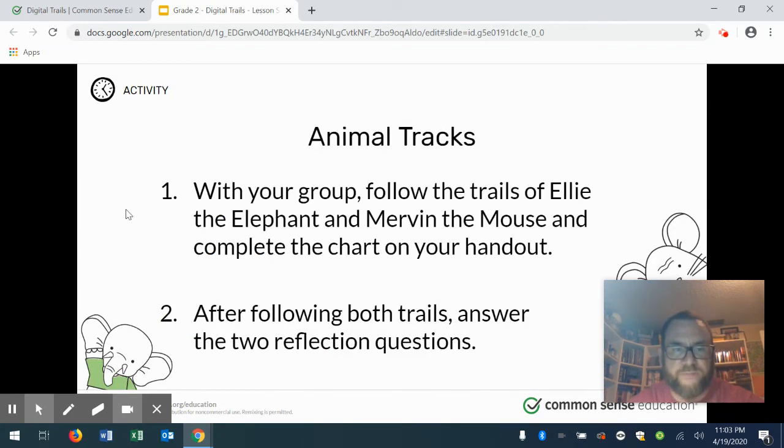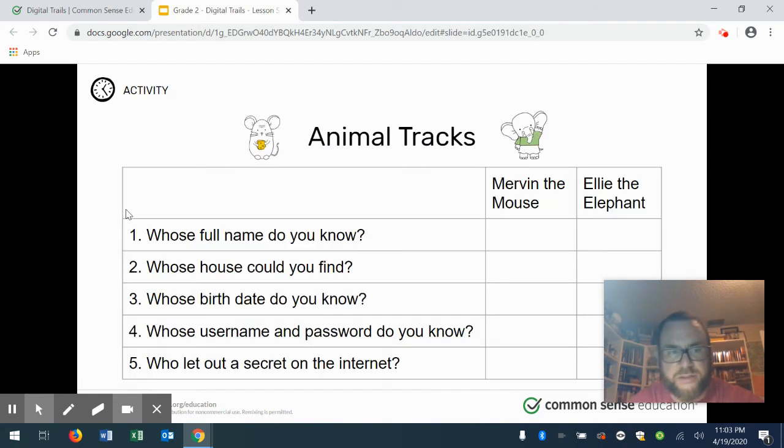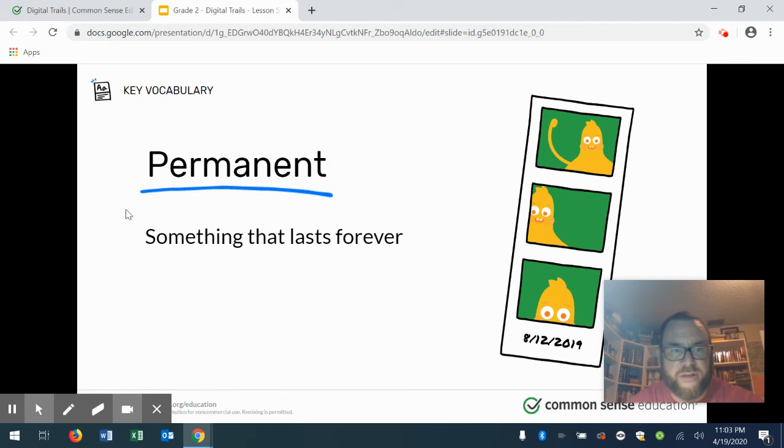Personal versus private. Okay, we are not going to do this together, so I'm going to skip this. Since we are doing learning like this, we'll save that for some other time. I do want to hit on this keyword, permanent, right? A lot of people, even adults, have trouble remembering that what they put online can be permanent.